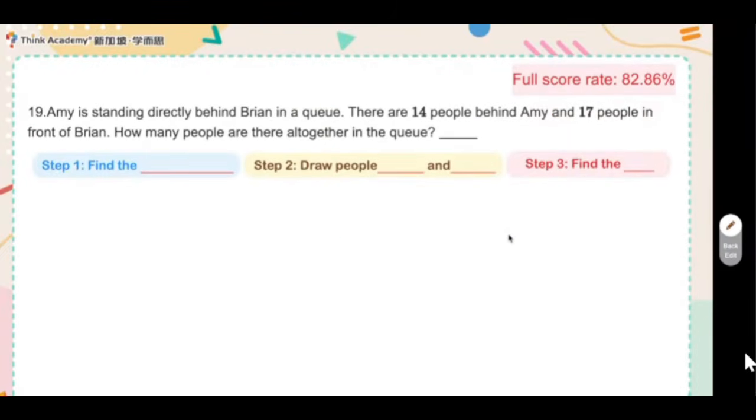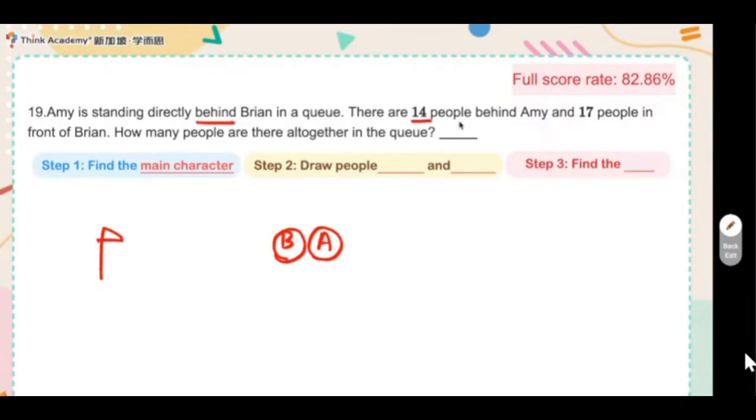Question 19. Question 19 says, Amy is standing directly behind Brian in a queue. Okay, this is a queuing problem. We already talked about this, right? So step 1, we find the main character. In this question, firstly, let's draw a flag to show where the front is. Amy is standing directly behind Brian. So when we are drawing the main characters, it should be like this.